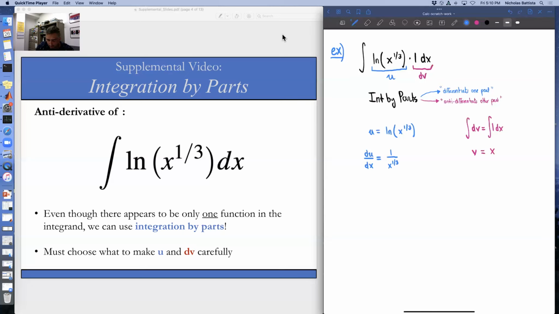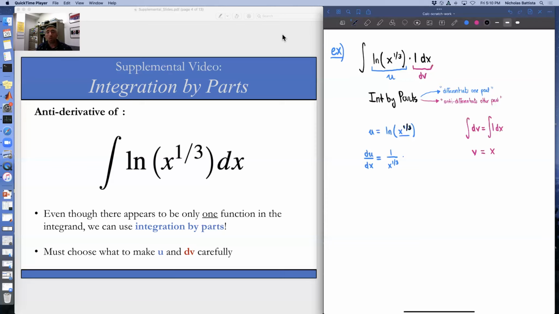The next piece of this chain rule operation, when we pass the ln stage, is that we need to differentiate what's inside of that ln. In this case, it's the x to the 1/3. Since we have an x to a power, we get to apply the power rule, which means that 1/3 sitting there comes down and acts as a coefficient.